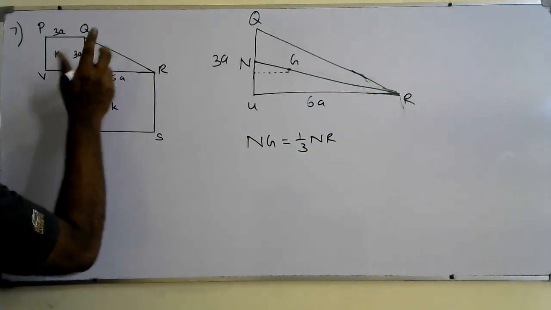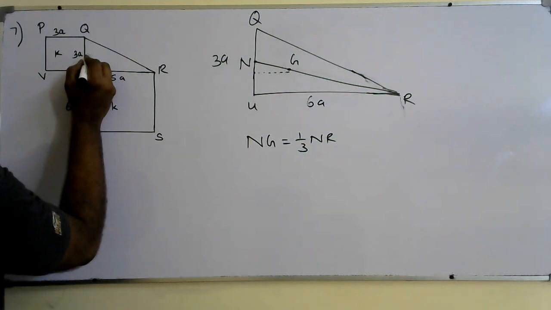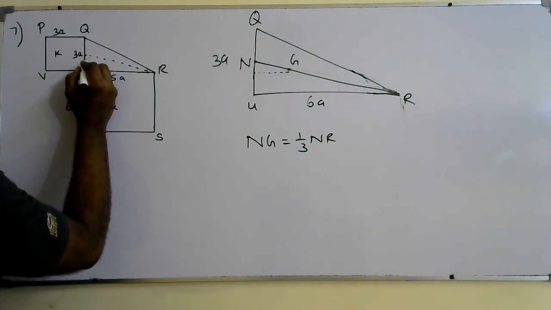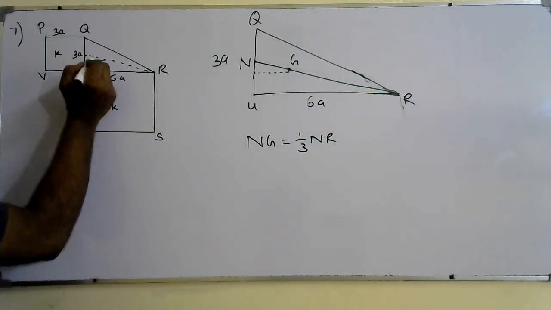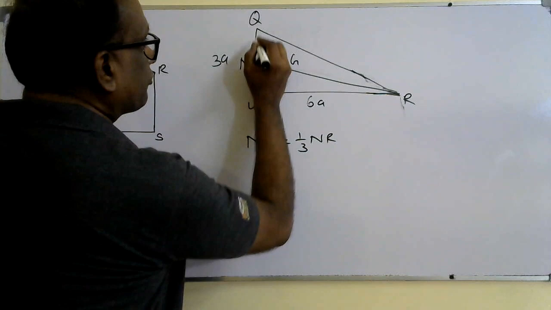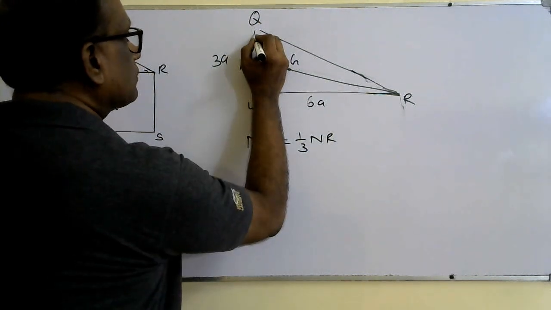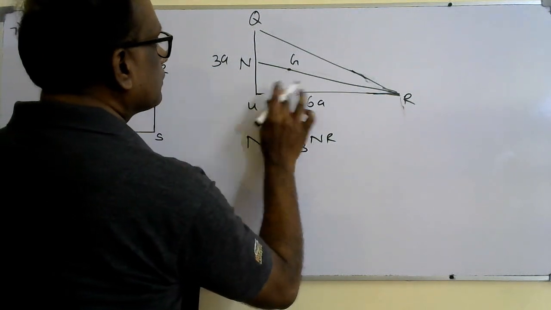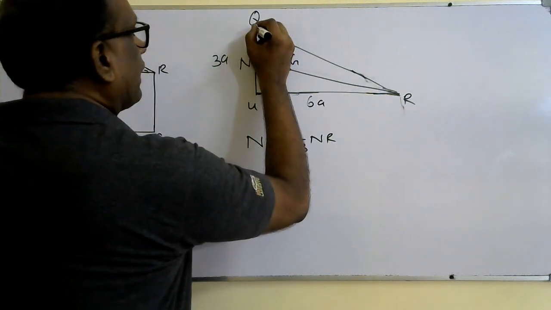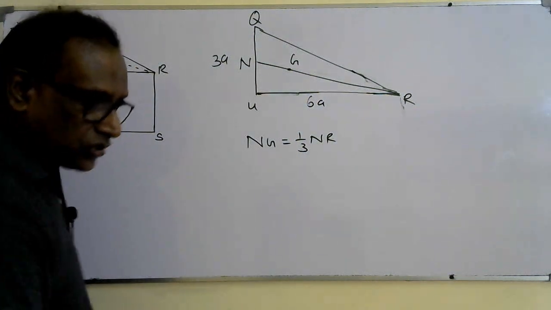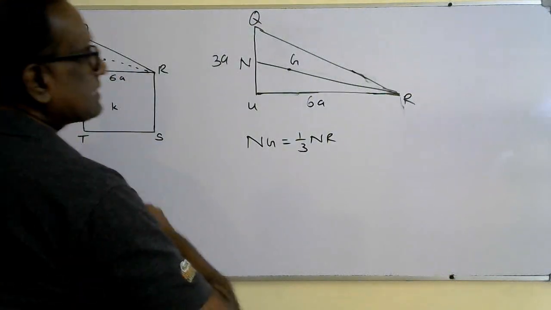If I draw this line from the vertex to here, the center of mass will be at 1/3 of this one, but I need to find this horizontal distance. What is the distance of the center of mass from the line QU, this length? How much is this length, if they ask? How to find it?